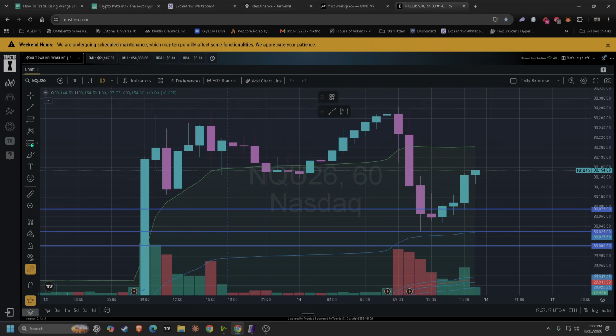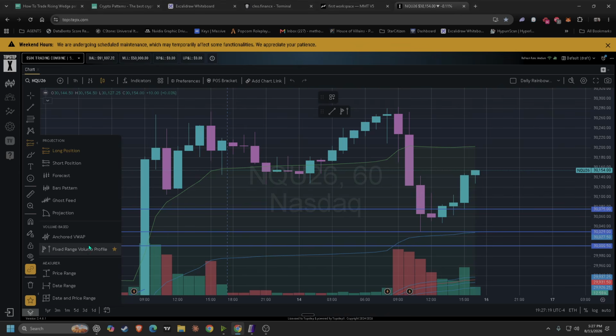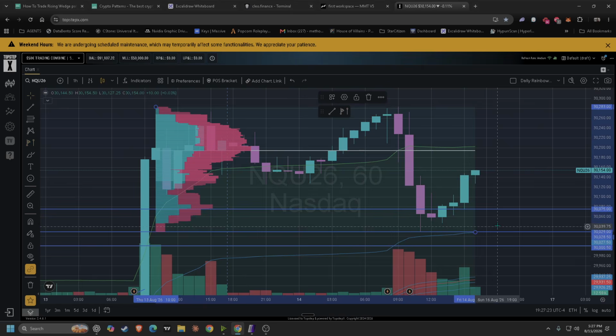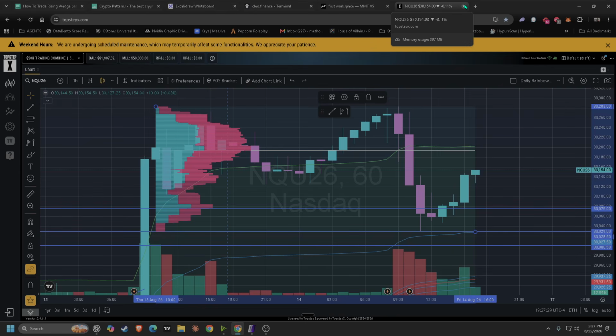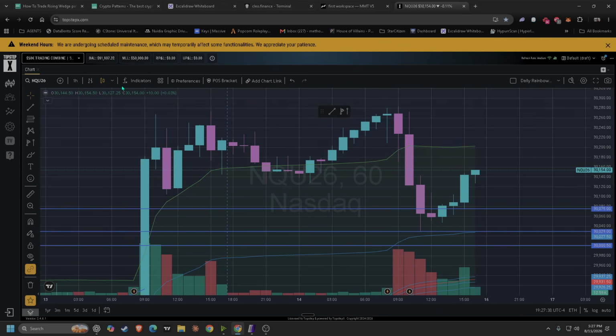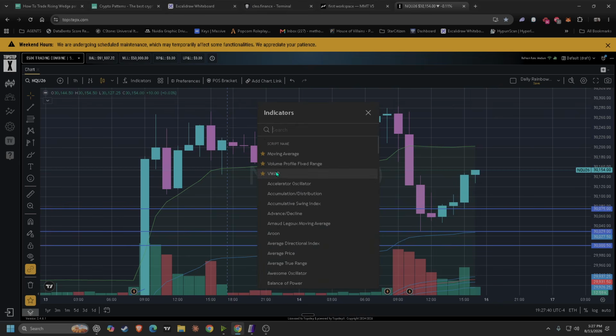So volume profiles are available. You can have a fixed range volume profile where you draw it from one spot to another and it's going to show you the distribution. Most applications have various ways to express volume, whether you're a day trader, a swing trader, or a longer term investor.